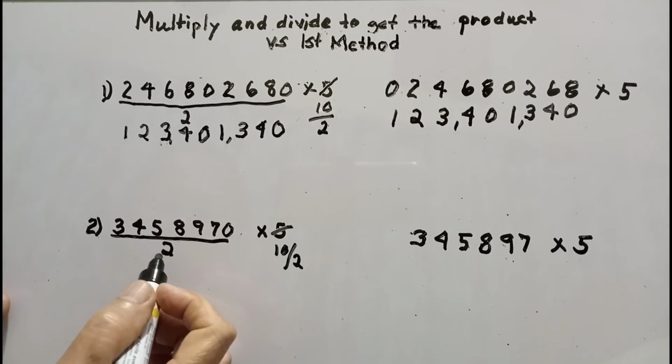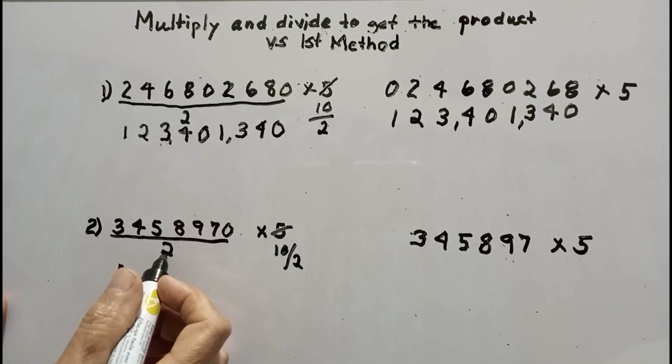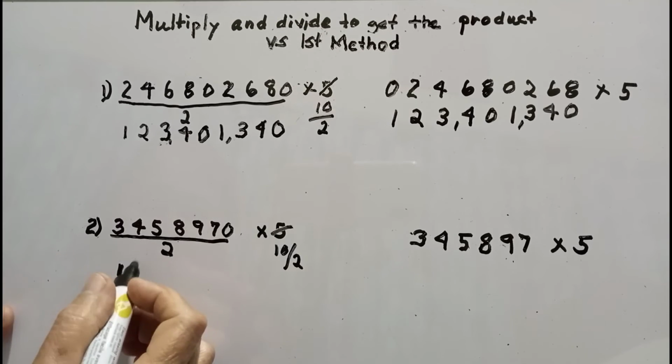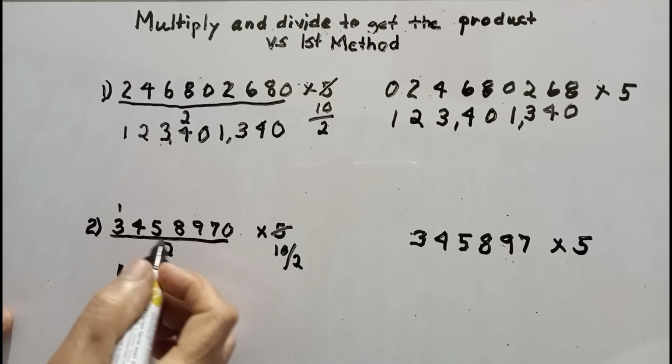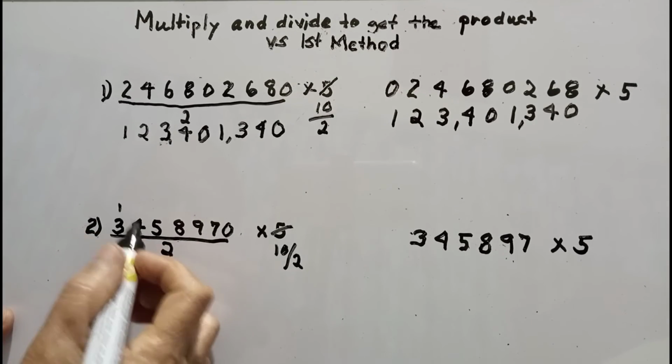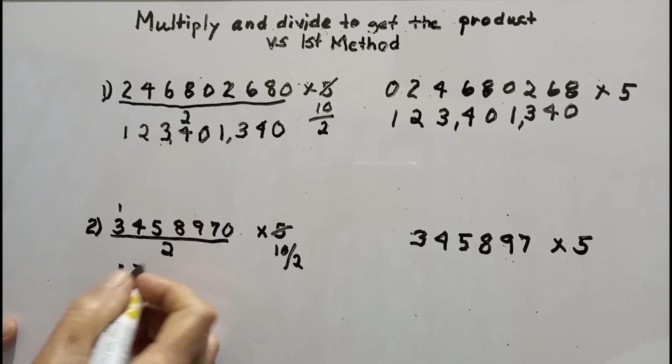So, 3 divided by 2 is 1. So, you have 1. 1 times 2 is 2. Subtract from 3, you have remainder 1. So, this becomes now 14. 14 divided by 2 is 7.